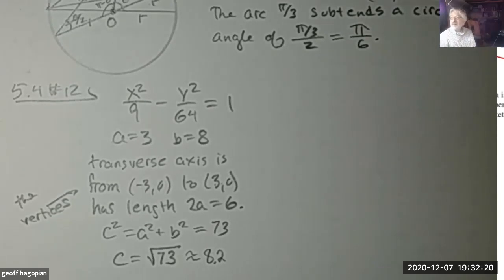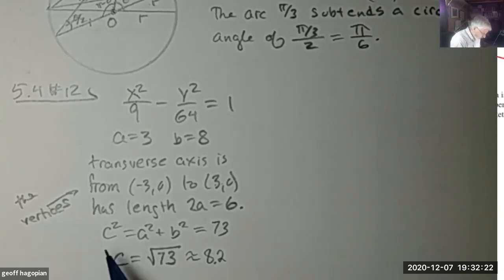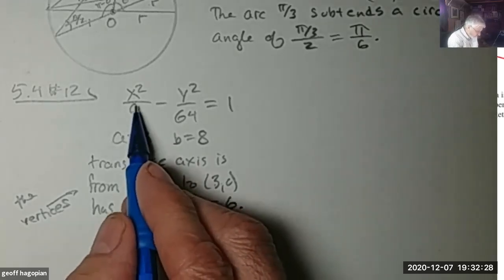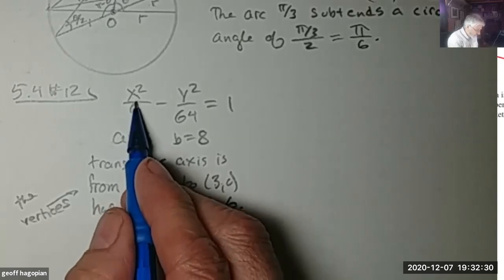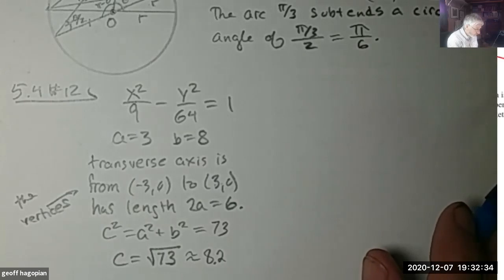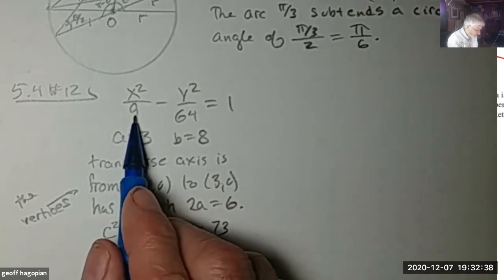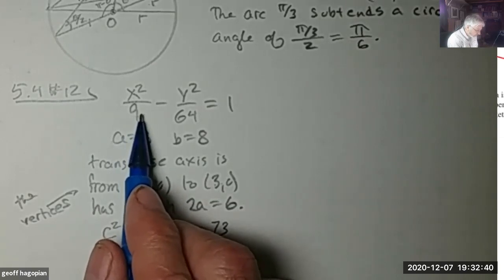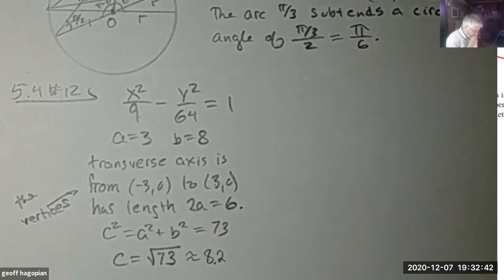And what are the asymptotes? Well, so if it's a goes with x, then a is in the numerator, right? Oh, sorry. No, a is in the denominator, right? It's when a goes with y that a is in the numerator.